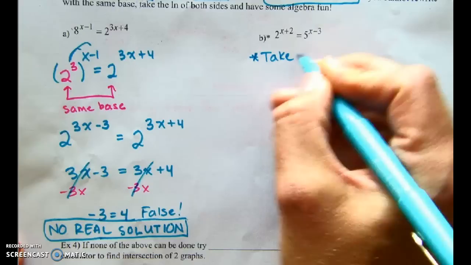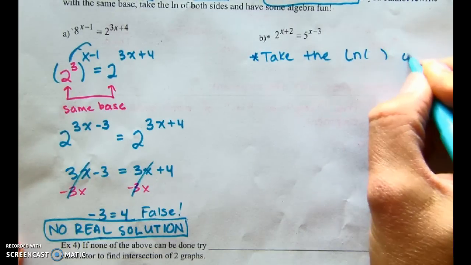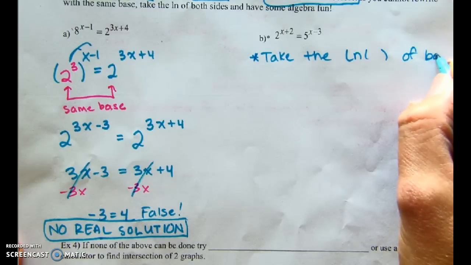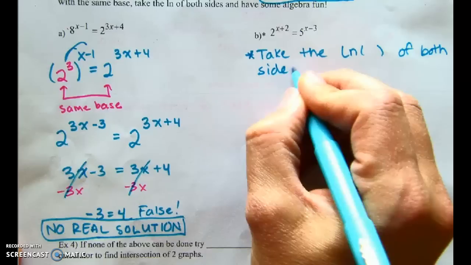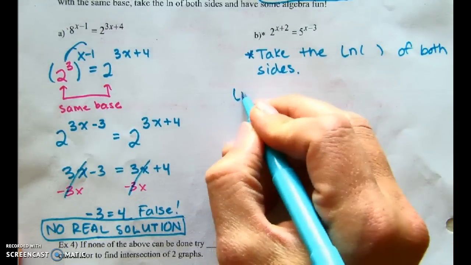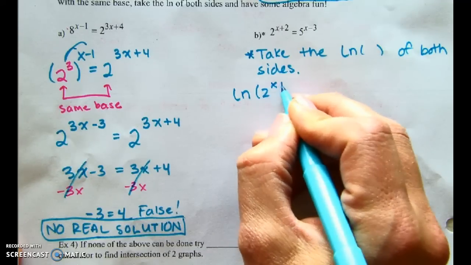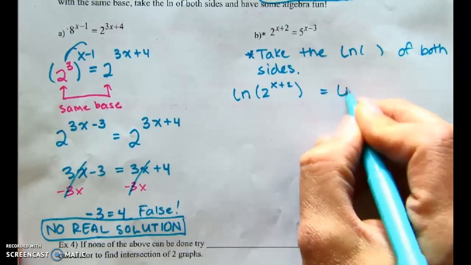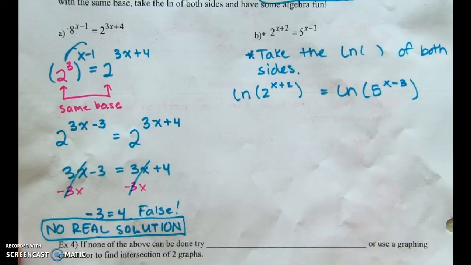We will take the natural log of both sides. What the heck? I know. I wonder what's going to happen. Sure you're wondering. So we're going to take, you ready? ln of 2 to the x plus 2 equals the ln of 5 to the x minus 3, or the natural log. Okay?